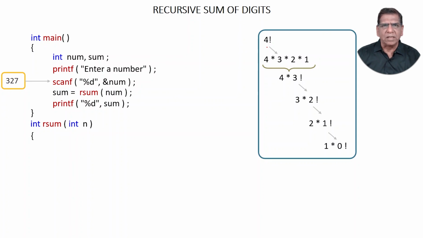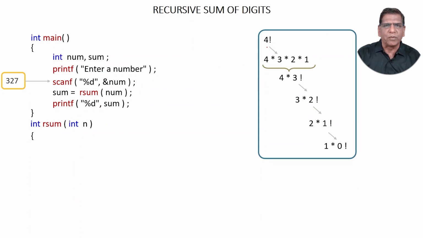Point I am trying to make is that 4 factorial is expressible in the form of itself. 4 into 3 factorial, when I say 3 factorial, I am expressing 4 factorial in terms of some other number's factorial. So any logic which is expressible in the form of itself is something which is programmable using recursion.